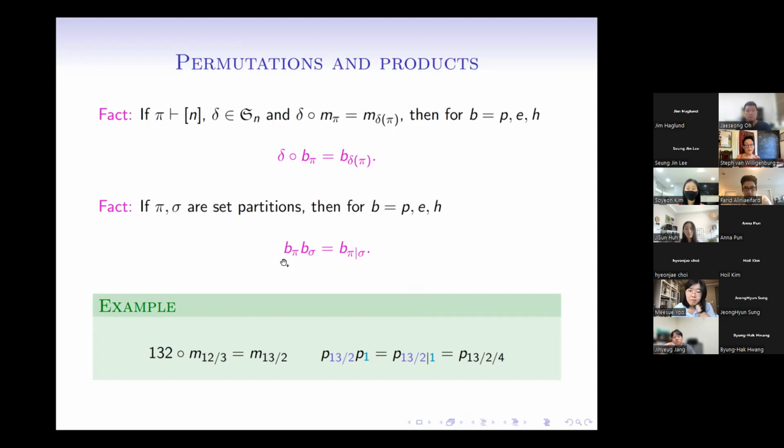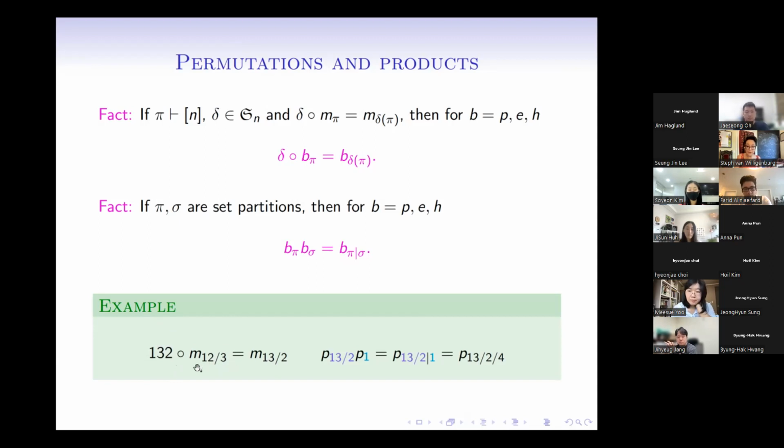And we have a really nice product formula. We have that b pi times b sigma is equal to b pi slash sigma, where this was the slash product we saw earlier. So let's have a look at a couple of examples. If we have 132 acting on m123, well, this is in one line notation, and it just tells us we switch the 2 and the 3.